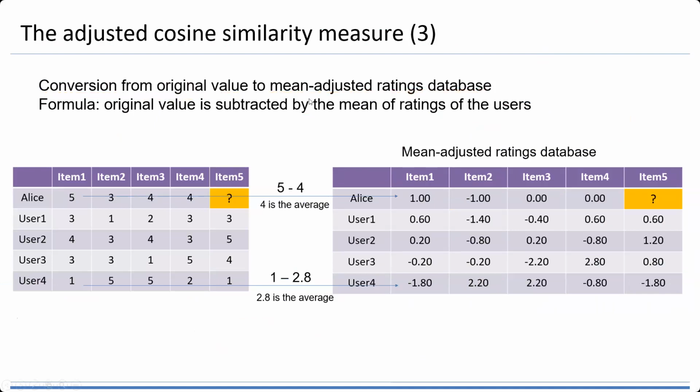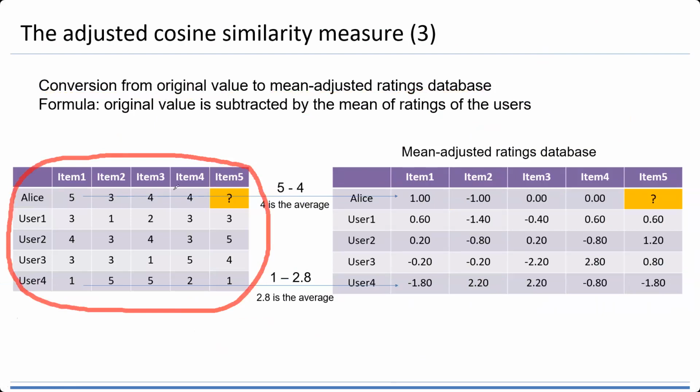Okay, let's see. I have this rating. Alice gave item 1 a 5, and then she gave item 2 a rating of 3, she gave item 3 a 4, and item 4 a 4. Now what is the average of the ratings? We have 5 plus 3 plus 4 plus 4, which gives 4 as the average.